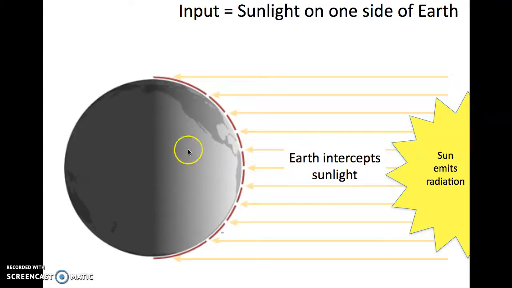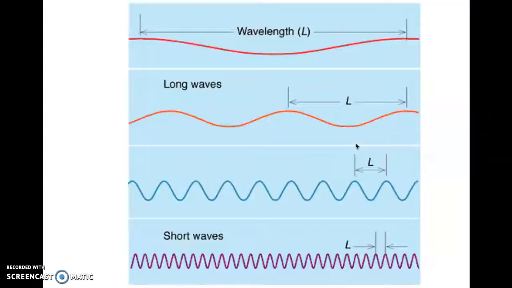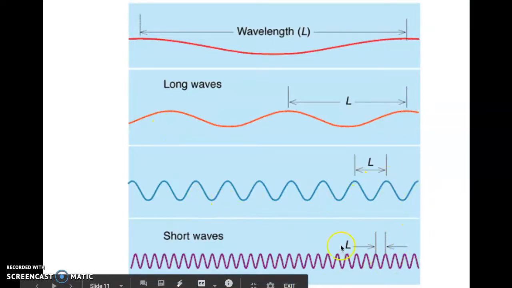We studied that when we studied plate tectonics. We're not going to focus on that right now, so we're going to consider just the primary input of energy as the sun. And again, the sun emits infrared, visible, and ultraviolet.